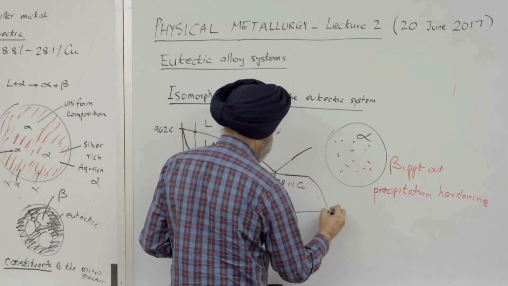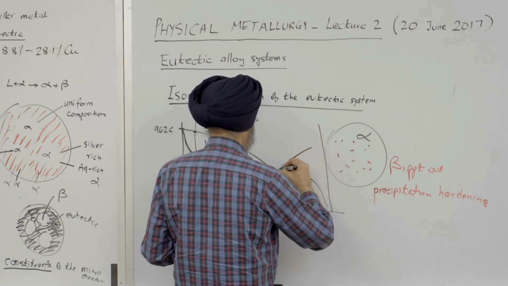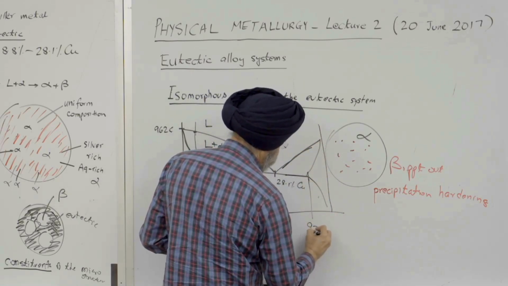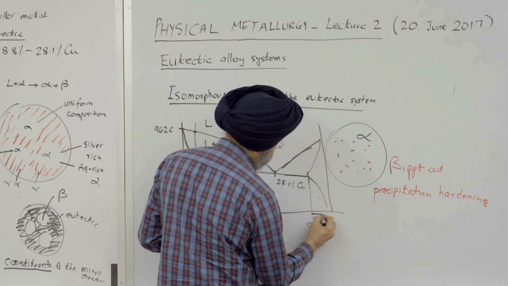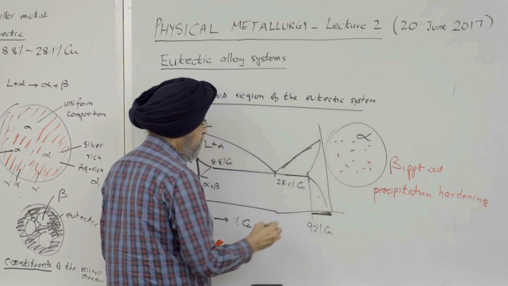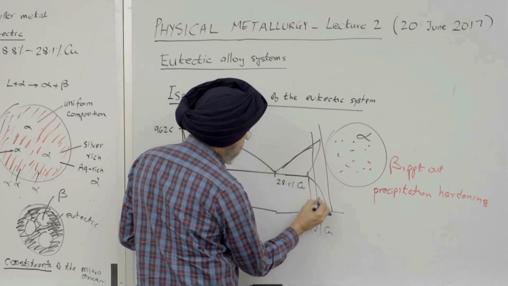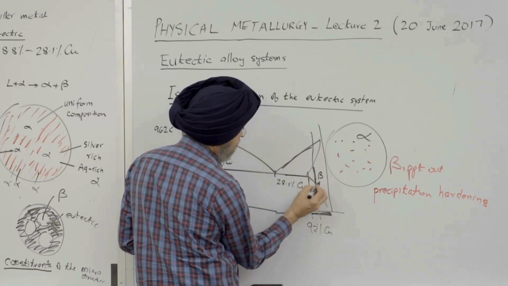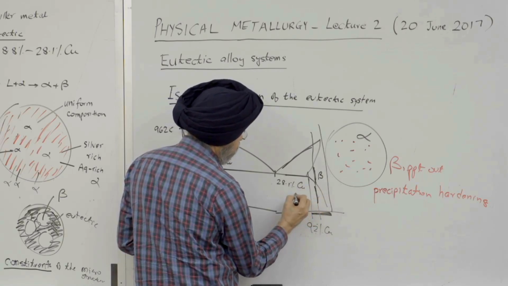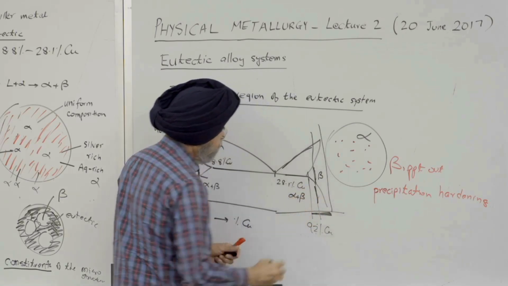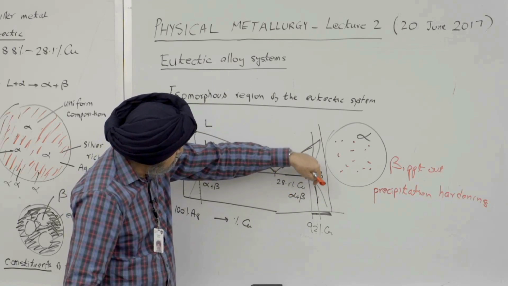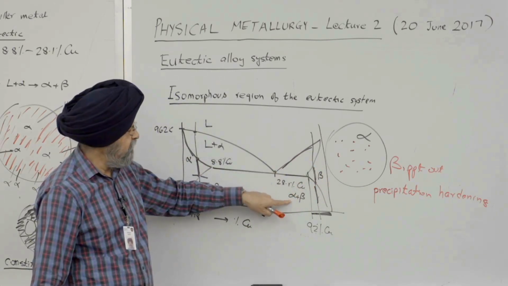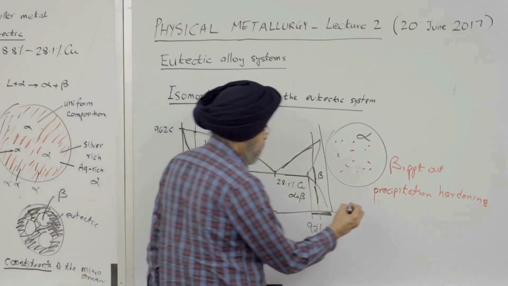If I complete the phase diagram, this is at 92% copper. In this region, again, if we cool down, then up to this temperature we have beta, and below that we have alpha plus beta. So below this temperature, in the beta matrix, alpha will precipitate out, and you'll get precipitation hardening.